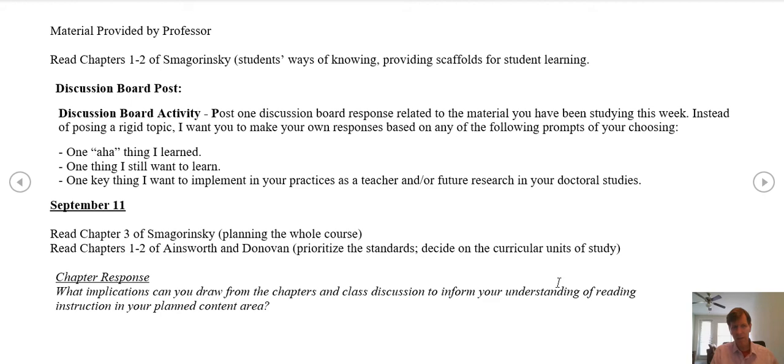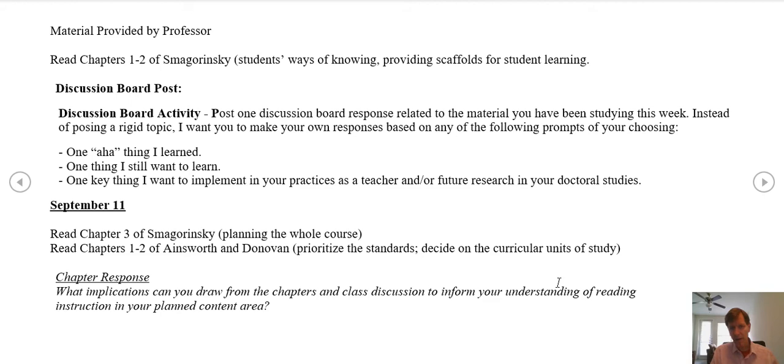I'm going to check the discussion board. I'm occasionally going to respond. I'm not necessarily going to spend 2 hours on the discussion board every week, but I will spend some time on the discussion board. I am varying. Some weeks I do discussion boards, some weeks I do chapter responses. That's for a reason.